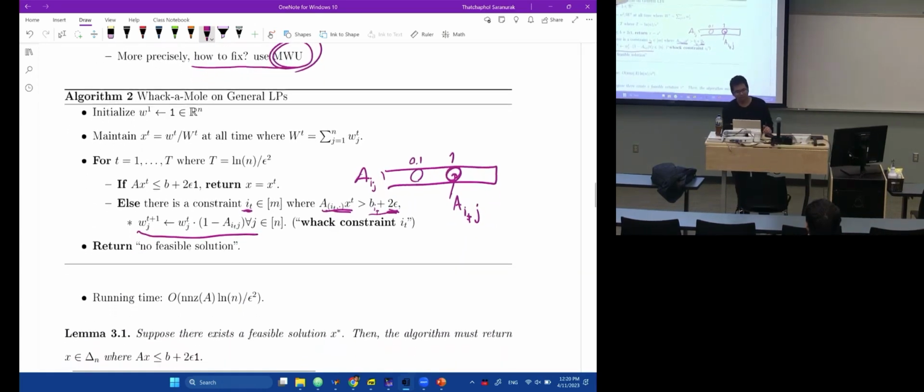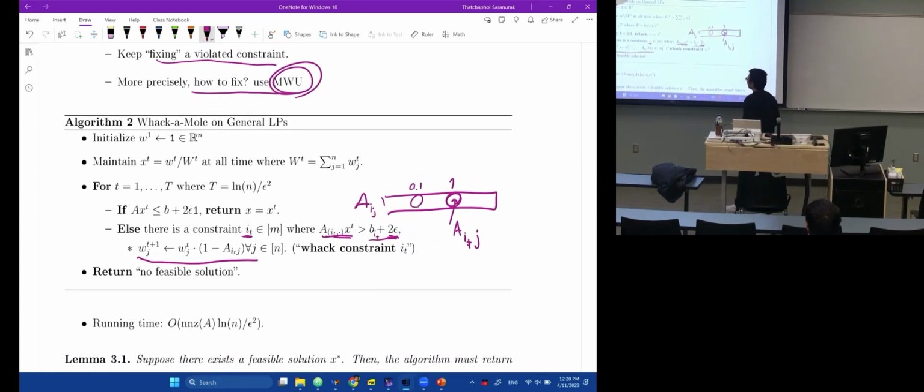Now it's clear that the running time of the algorithm is just to multiply x_t by A and check. So that takes nonzero entries of A time per round, and there are this many rounds. So the running time is clear.